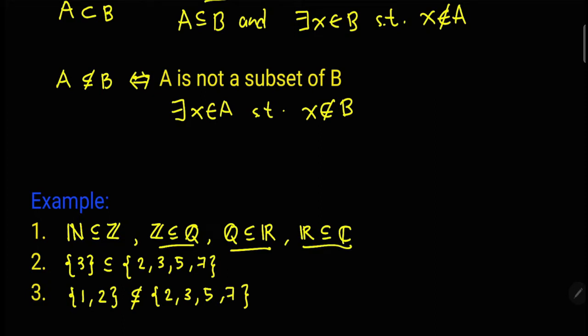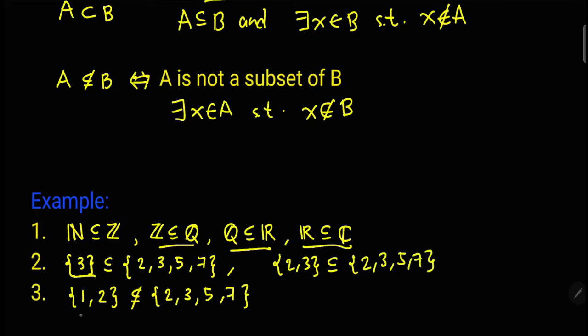Or, a simpler example: the numbers 2, 3, 5, and 7 as a set, and a set containing one of those elements. In particular, the set containing 3 is a subset of the set {2, 3, 5, 7}. So any set containing any of the elements of this set, for example {2, 3}, is contained in the set {2, 3, 5, 7}.